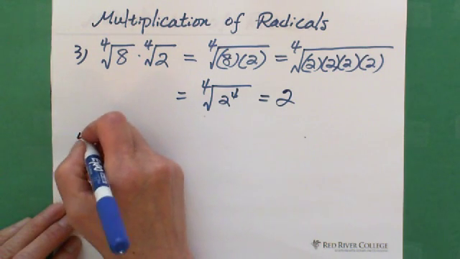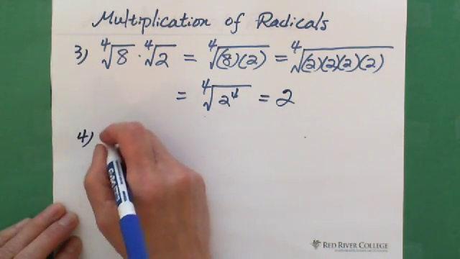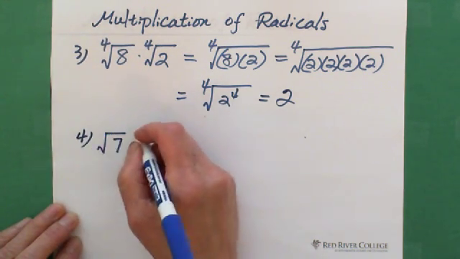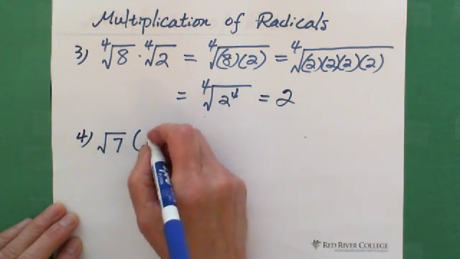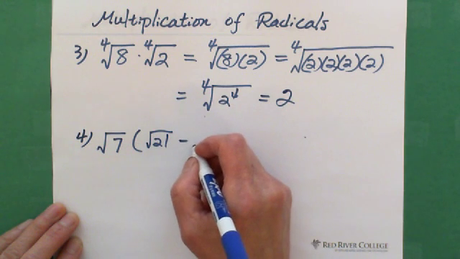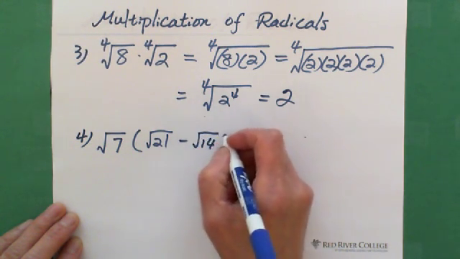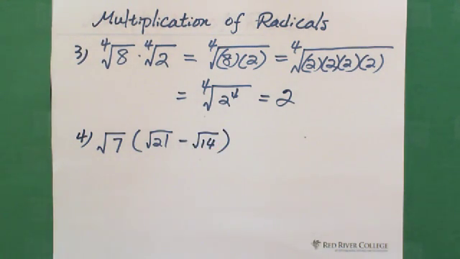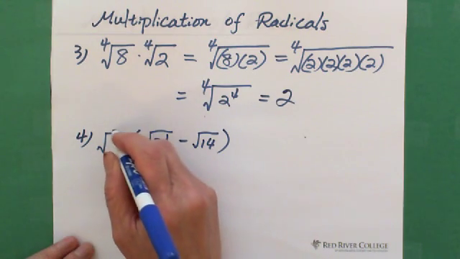Next question. If you have a radical multiplied by a binomial, square root 7 times (square root 21 minus square root 14), this follows exactly multiplying a monomial with a binomial. So we do distribution.